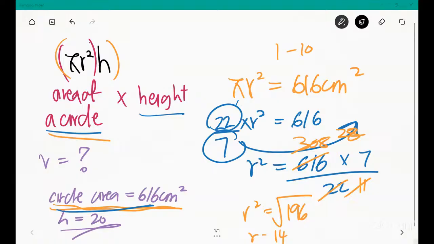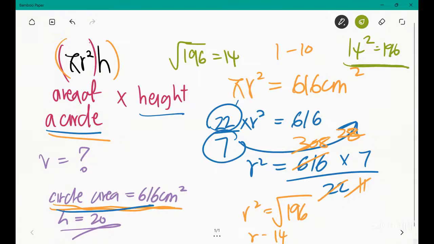If it's big numbers, they give you hints. For that, it shows you the answer that you have to get. So let's say they might tell you square root of 196 is 14, or they will give it to you the other way around: 14 squared is equals to 196.